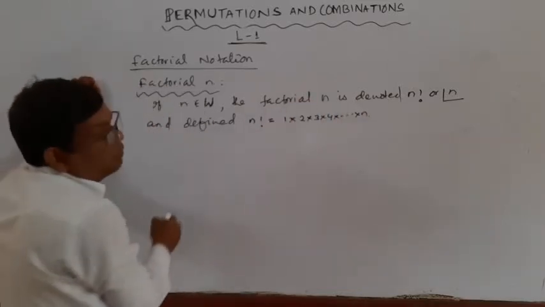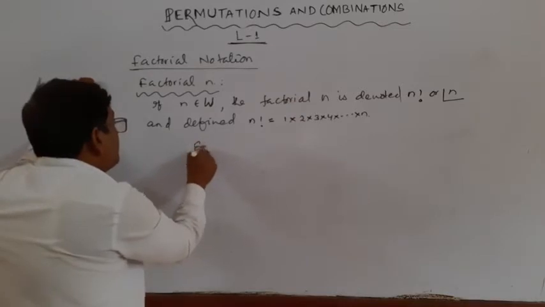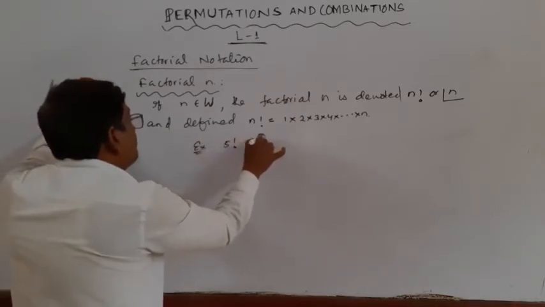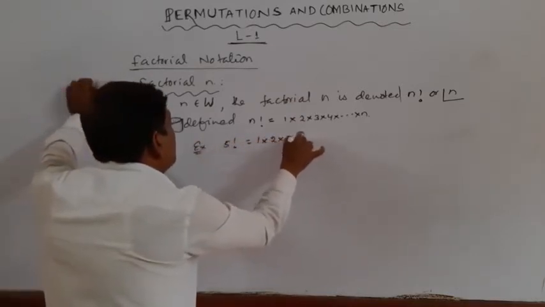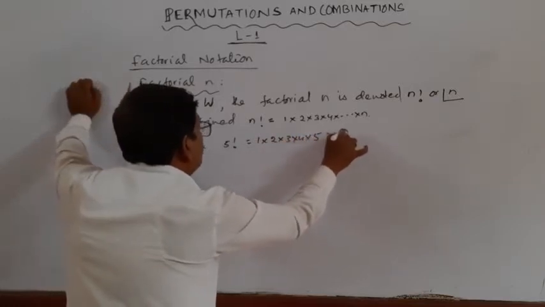Example, 5 factorial is equal to 1 into 2 into 3 into 4 into 5, that is 120.